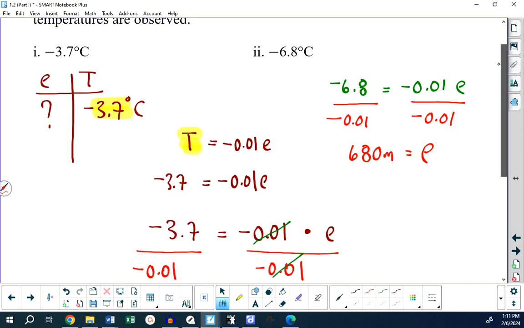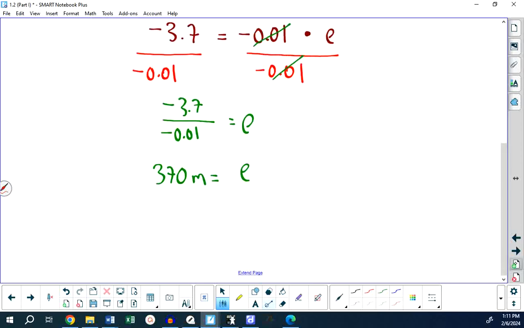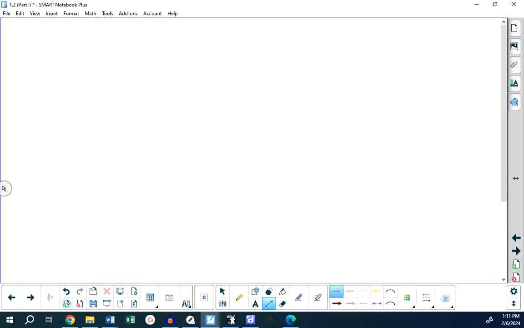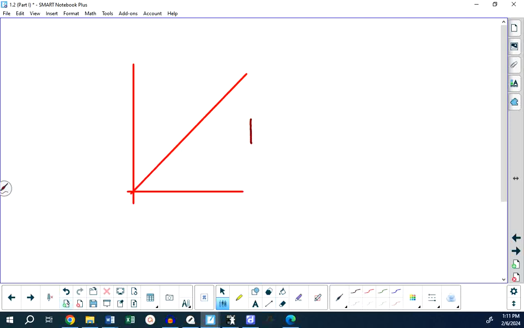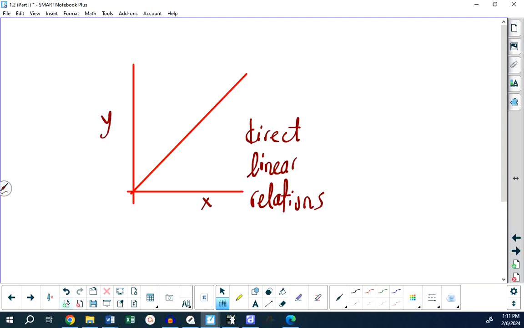So, summary. Prior to today, you knew that direct linear relations had graphs that looked like that.